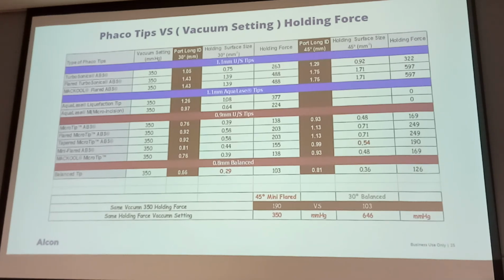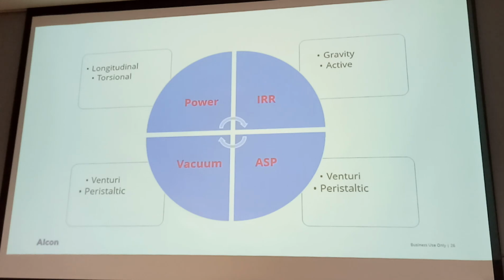I train our own staff to learn this, so they can support you in the operation room in the future. So these are the 4 default basic parameters for Phacodynamics. These 4 numbers must be balanced to have more efficiency and more safety.